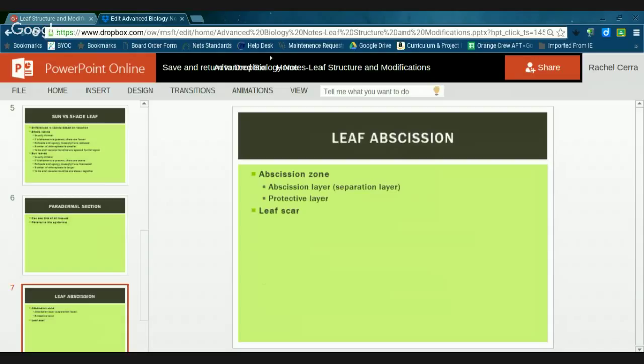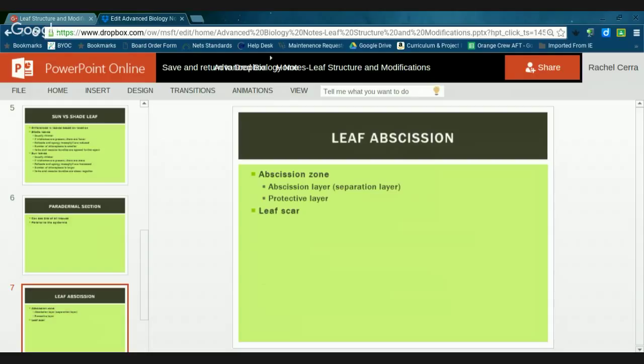Always, when the trees and the plants start going into dormancy, sometimes they will lose their leaves. And so when that happens, we call this leaf abscission, when the leaf detaches itself from the stem of the tree or the plant. So what ends up happening is you get this abscission zone, which I've drawn you there in the bottom left corner of this page.